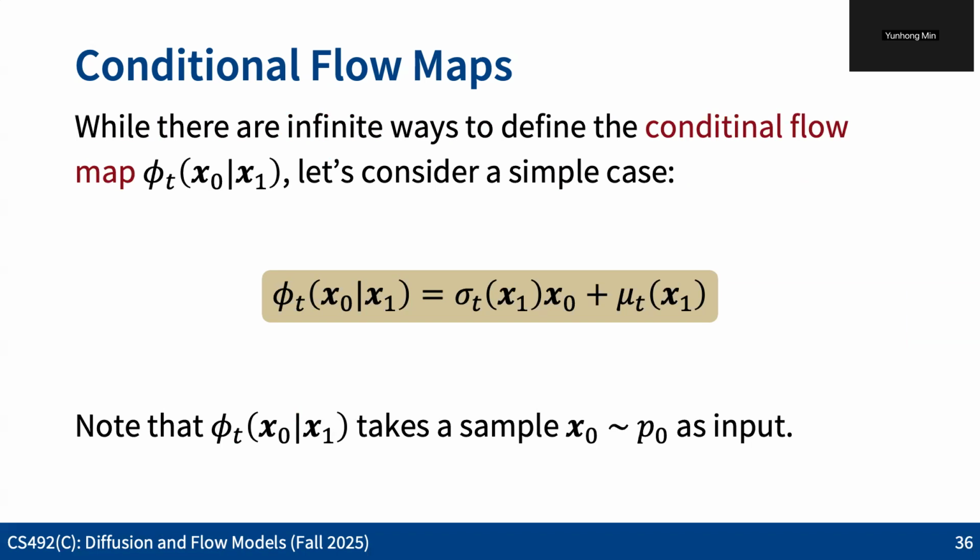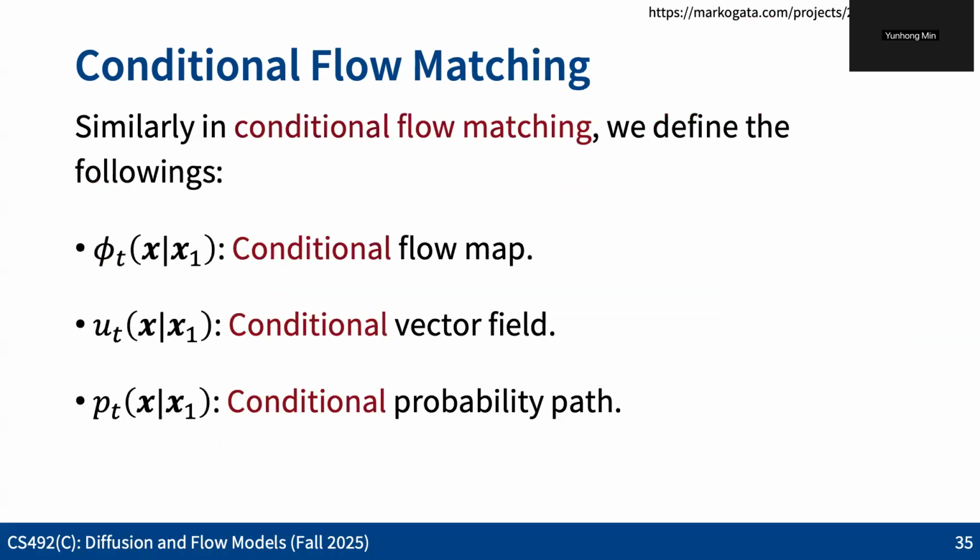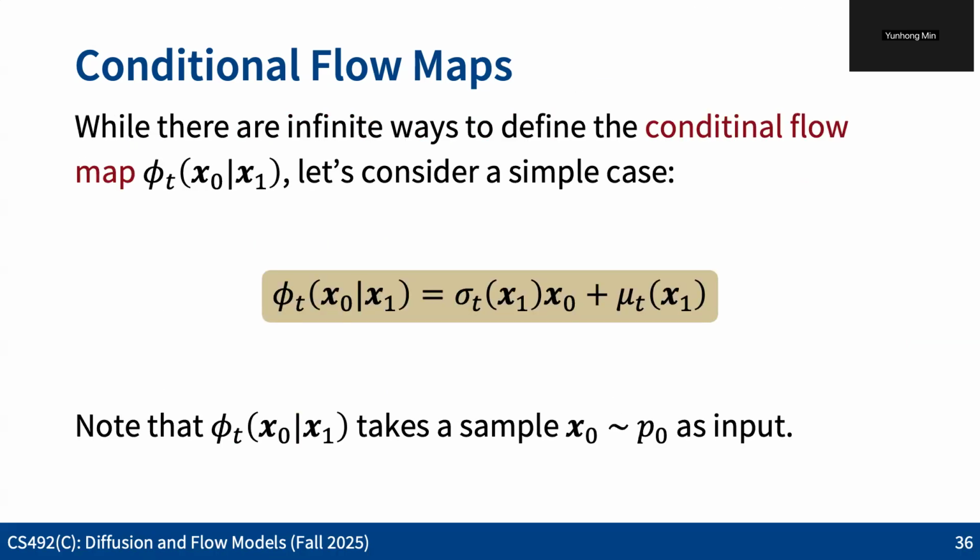You can see how we generalize this idea and expand our scope. In previous diffusion models, we had specific forms, especially the VP or VE formulation, and now we extend this to other things. What if we first define the conditional flow map, and based on that define all the other things?